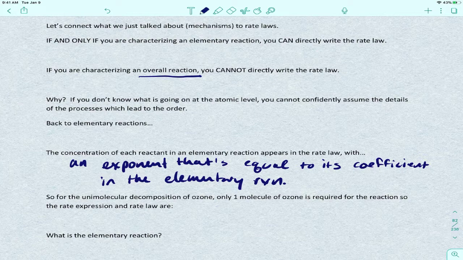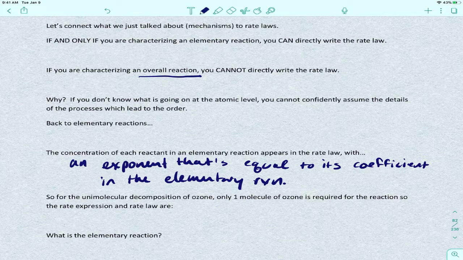Well, it turns out if we're talking about a rate law for an elementary step, so assuming that the overall reaction has more than one step, then yes, it's true. Now, if the reaction is just one step, then we can't assume that. So there is a big difference here.